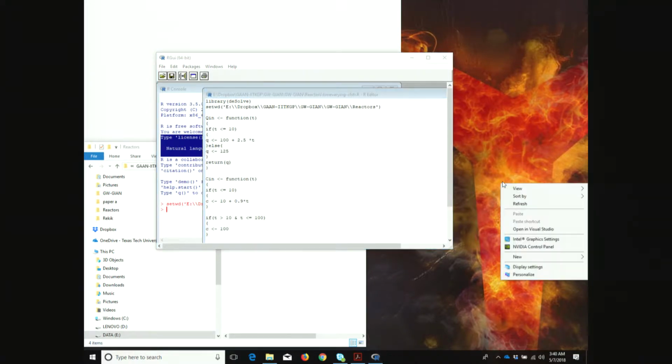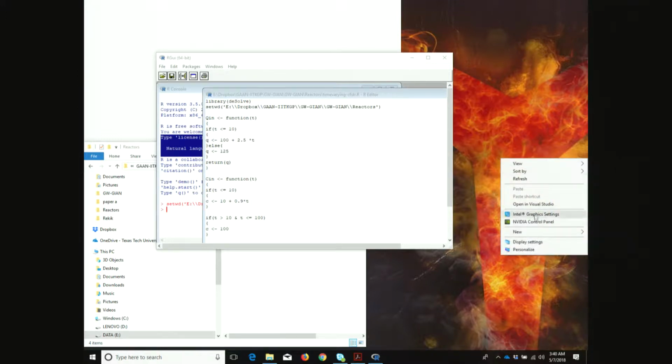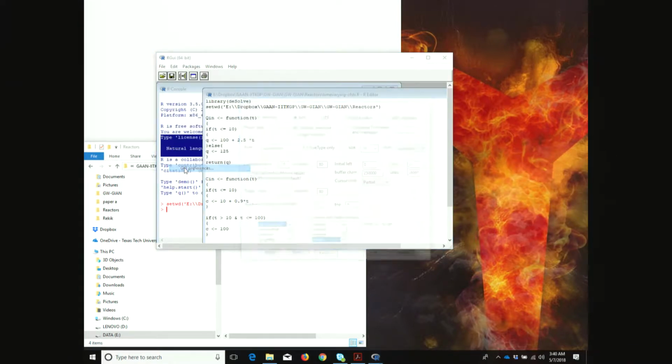Here. Yeah, I don't have the hand. In Edit, GUI preferences, size. Edit in R itself, main toolbar, Edit, GUI preferences, size.